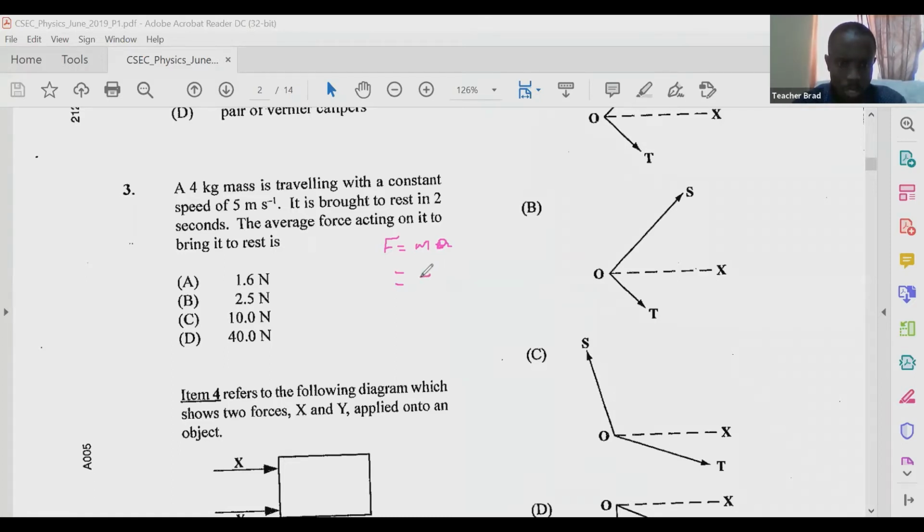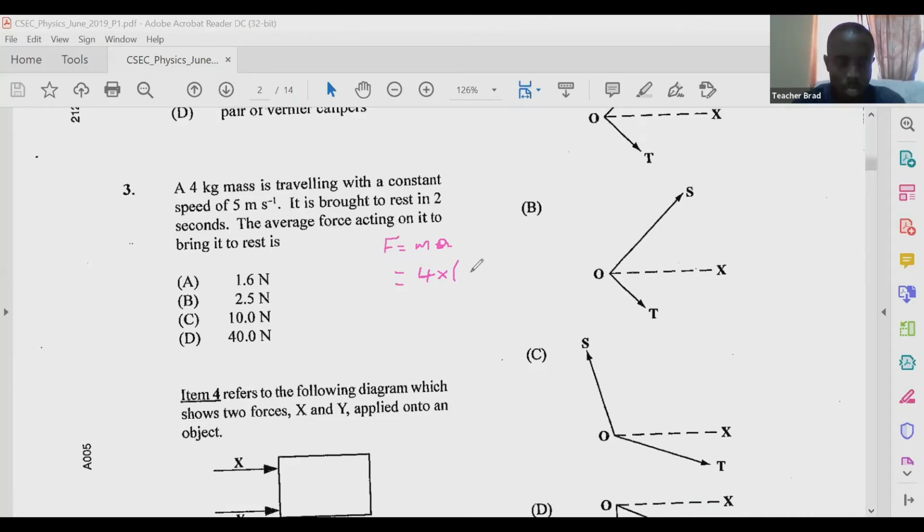So the mass was 4 kilograms. And then we know that the velocity was changing from 5 meters per second, and it was brought to rest. So the final velocity was 0.